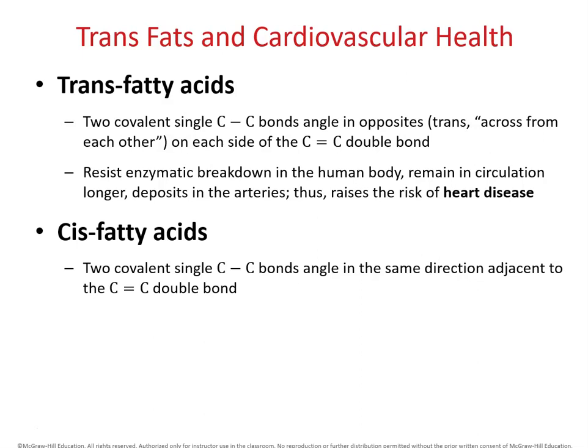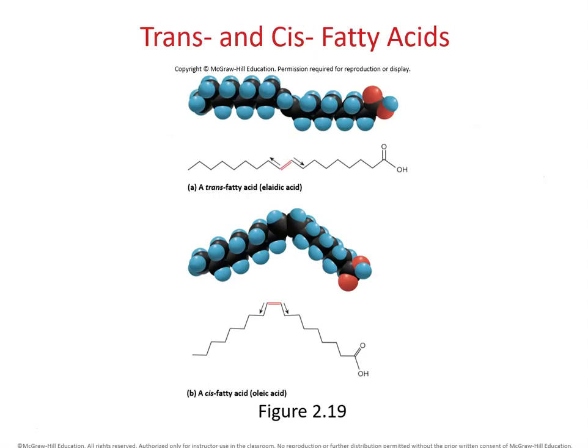That's when you would consume trans fats. Cis fatty acids have more typical geometry around the double bonds, and they don't carry the increased risk of heart disease that trans fatty acids do. Here's a quick depiction of a trans fatty acid and a cis fatty acid.